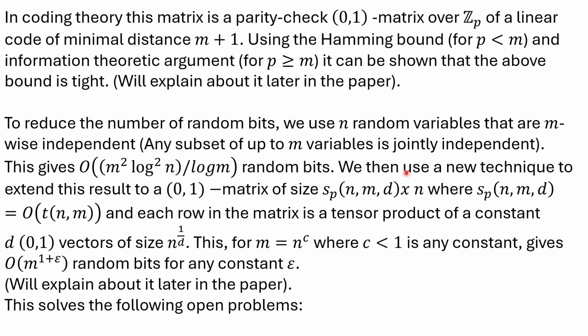We then use a new technique to extend this result to a 0-1 matrix of size S by n, where S is O tilde of m, and each row in the matrix is a tensor product of a constant d 0-1 vectors of size n to the power of 1 divided by d. This, for m equal to n to the c, where c is any constant less than 1, gives O of m to the 1 plus epsilon random bits for any constant epsilon. We'll explain this later in the paper.